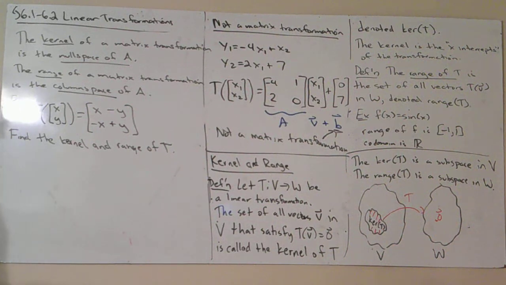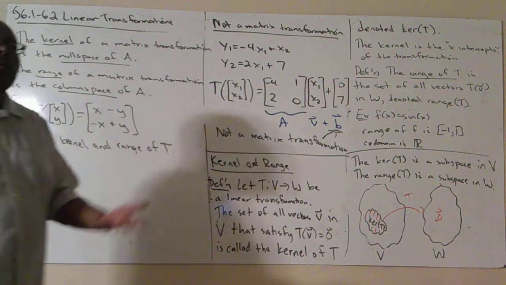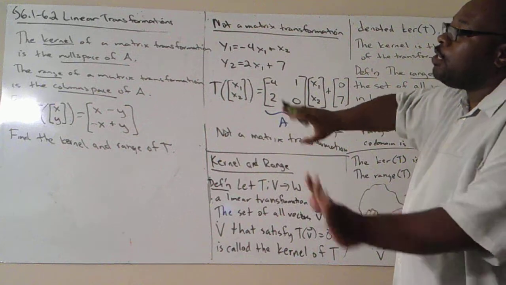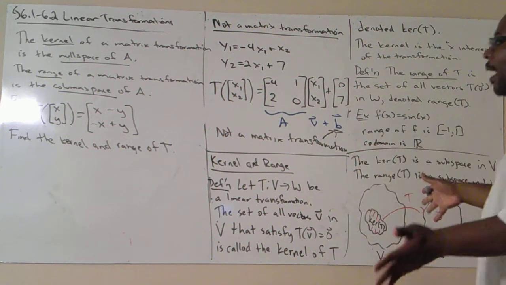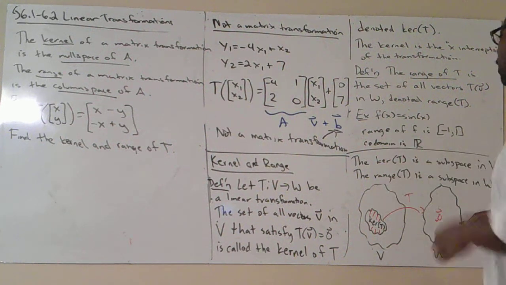So let's look at that real quick. The first thing I need to do, I know that this is a matrix transformation. You might not see that as a matrix transformation, but I see it automatically. So let's write this as a matrix transformation first.